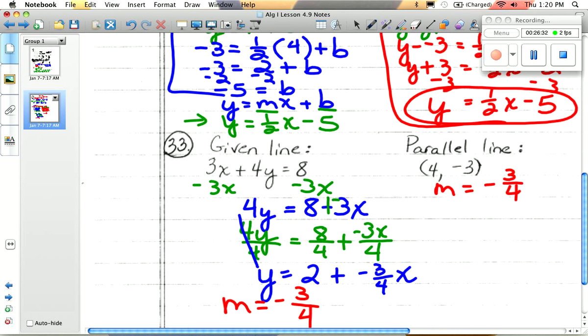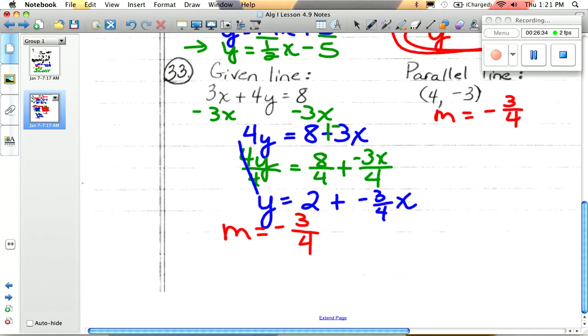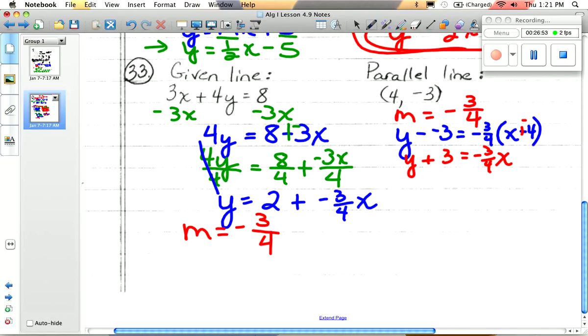Okay, I'm going to do my favorite one, which is point-slope form. What's 3/4 of 4? 3. Okay, thanks. Helping me out.